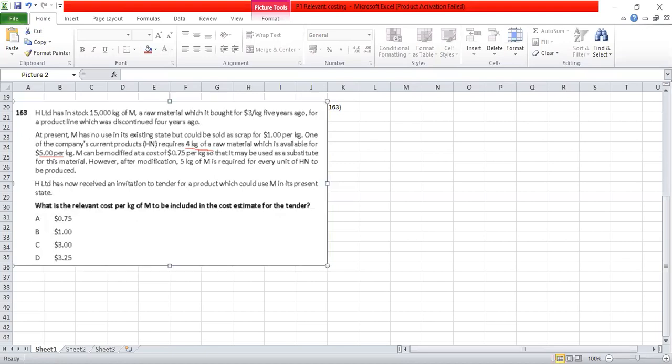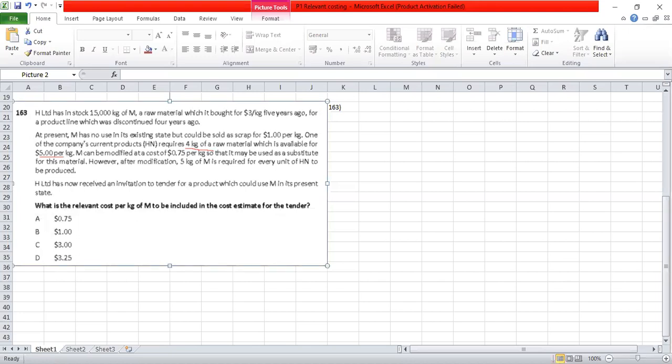After modifying the material, 5 kgs of M is required for every unit of HN to be produced. The relevant cost will be 4 kgs of material acquired at the current market price, which is 5.